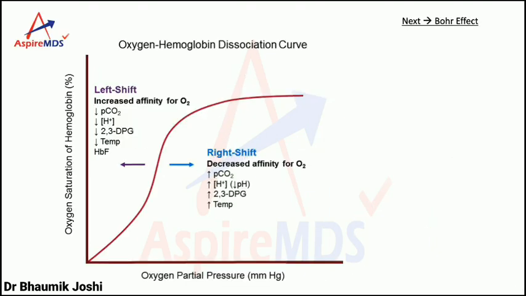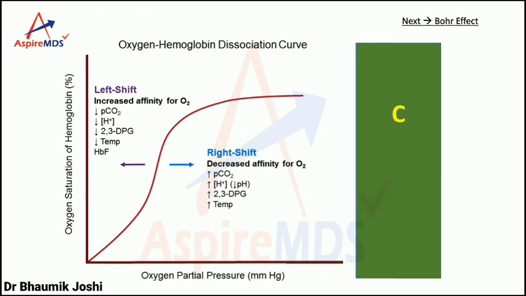Now for exam purpose, you can remember broadly 4 factors: C, A, D and T. C stands for carbon dioxide, A stands for acidity, D stands for 2,3-DPG and T stands for temperature. When carbon dioxide pressure decreases, when the acidity decreases, when the DPG decreases and temperature decreases, in all those cases the curve is shifting to left.